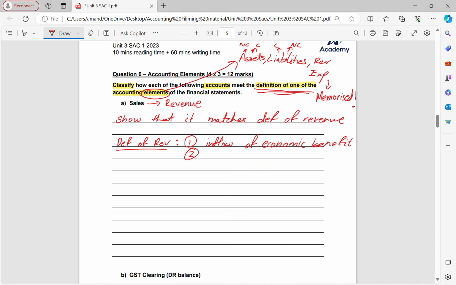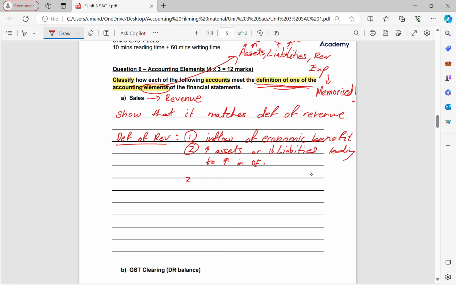Second thing, it increases assets or decreases liabilities, leading to an increase in OE.